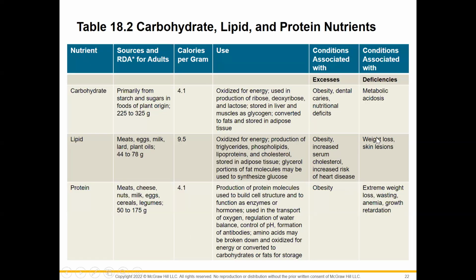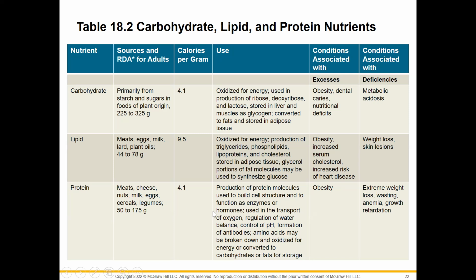So use this chart to help you understand the difference between your macronutrients, the sources of those macronutrients, and how many calories can be obtained from each of them. Remember, your lipids have the potential to give you twice as much energy per gram as a gram of carbohydrate or a gram of protein.